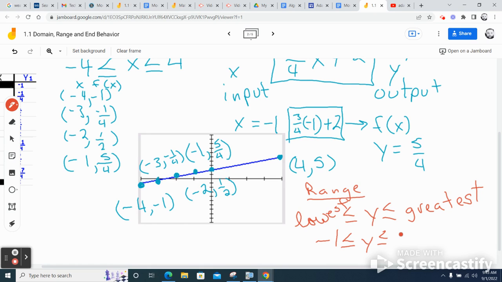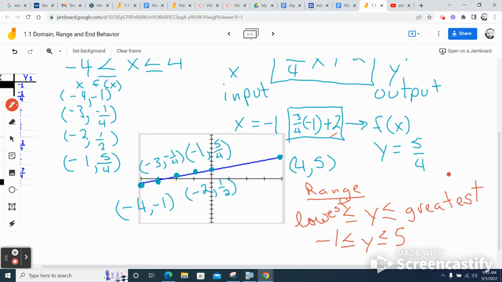So that's 5. Now, does anybody know why Mr. Adams put those equal signs there? Yeah, because we're including these values. In the past, our previous examples, we said infinity. Infinity is not a number, but here we have real numbers that we're including. So it can equal -1, it can equal 5.